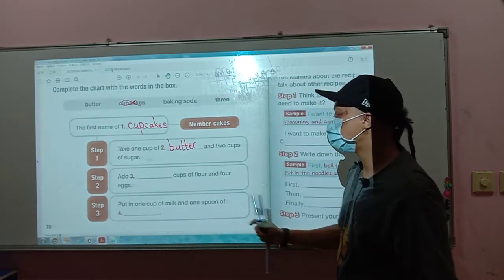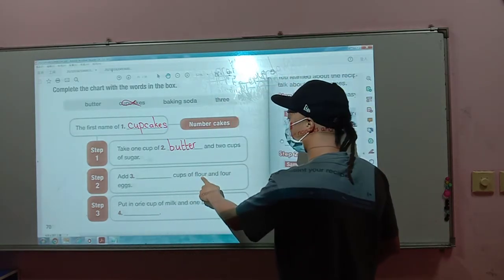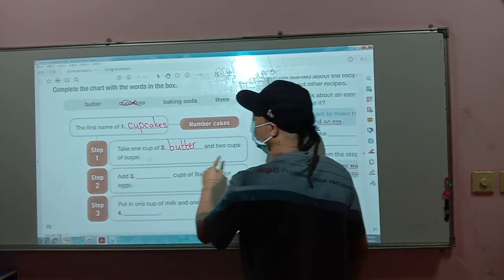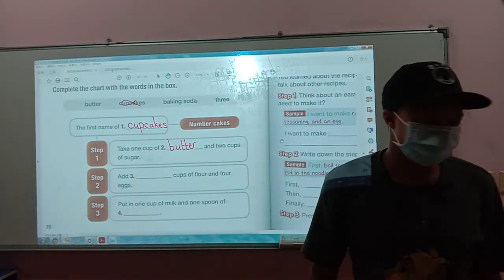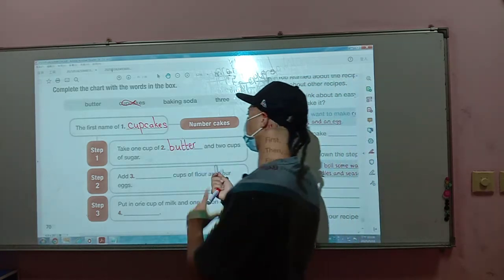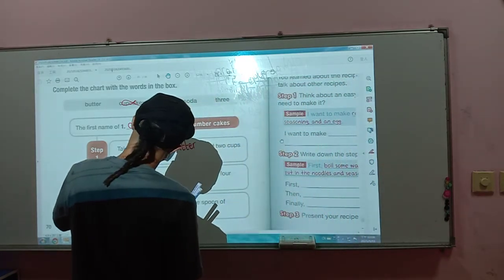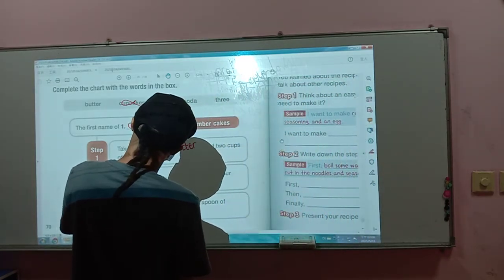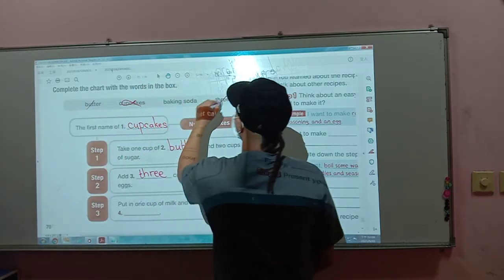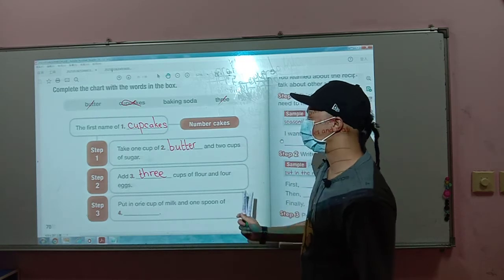Number 3, add cups of flour and 4 eggs. So step 1, step 2, then that might be step 3 over there. So let's just make sure. Very good. So butter is finished and 3 cups of flour and 4 eggs.